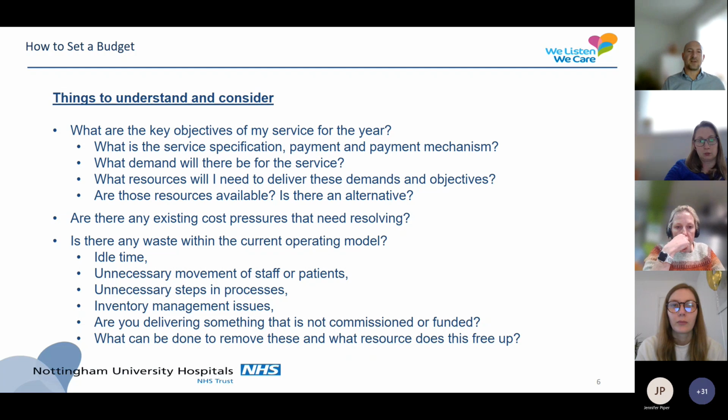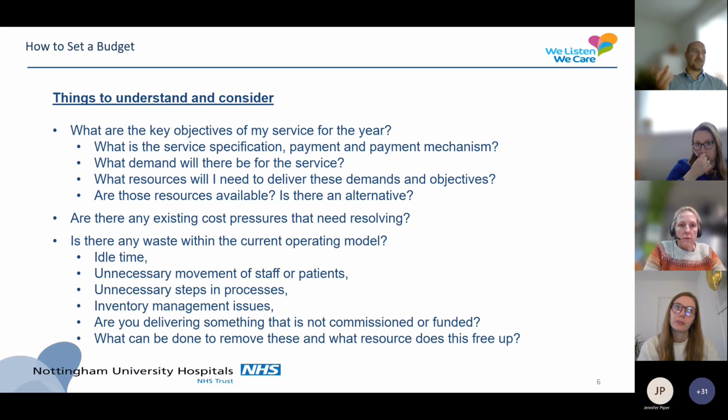And then again, in the service specification, these will vary from area to area, but there will be certain staffing levels, certain criteria that your services will have to meet in order to meet that service spec, and they could incur penalties if you don't. So it's worth understanding all of those.